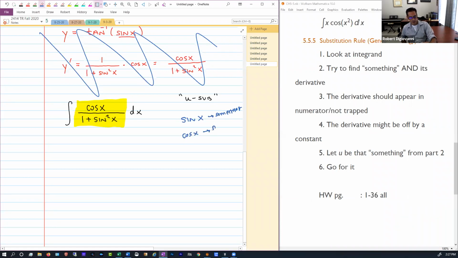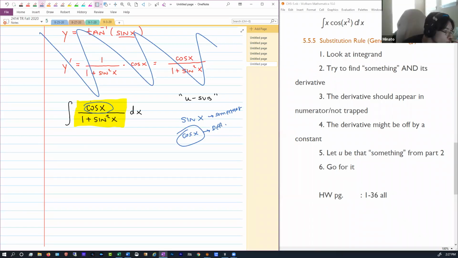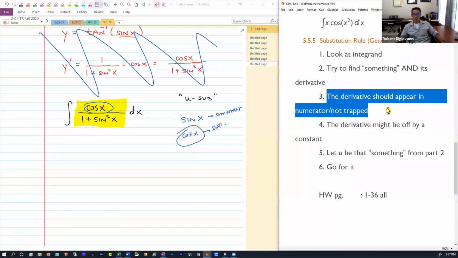Now we're saying to ourselves, is that cosine x in the numerator where we see it? It is, right? Is it trapped? In other words, is it underneath the square root, or is it being raised to a power or anything like that? No. So as long as the derivative is in the numerator and it's not trapped, we can continue.